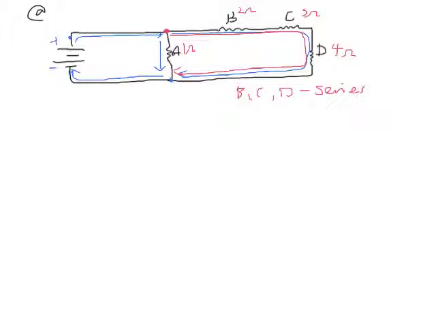So R_BCD, if we make that an equivalent resistor, is going to be 2 ohms plus 3 ohms plus 4 ohms, or 9 ohms. I'm going to redraw that with BCD as a single resistor.